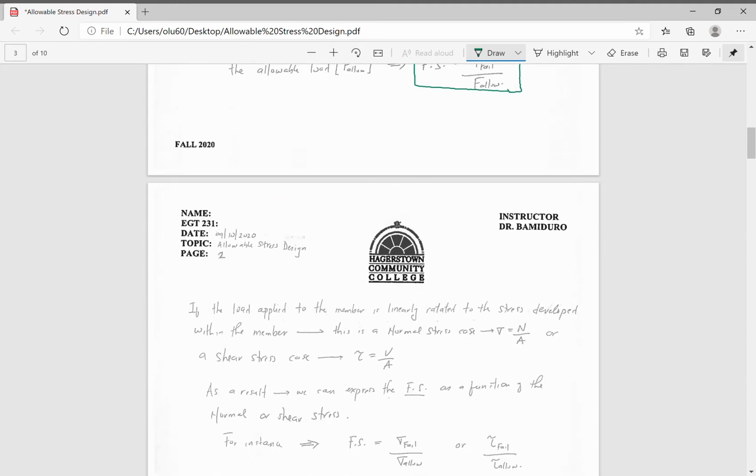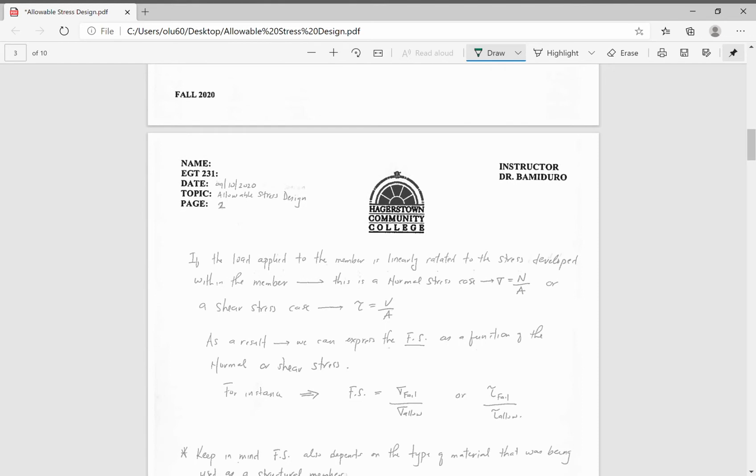So for our known terms that we've been looking at, the normal stress and the shear stress, this is our normal stress, this is our shear stress, okay? It has a shear force, it has a normal force for the normal stress. The factor of safety for both criteria, or both concepts, will be sigma, which is our normal stress at failure, divided by the normal stress allowable.